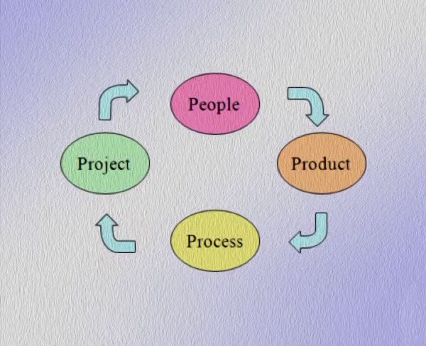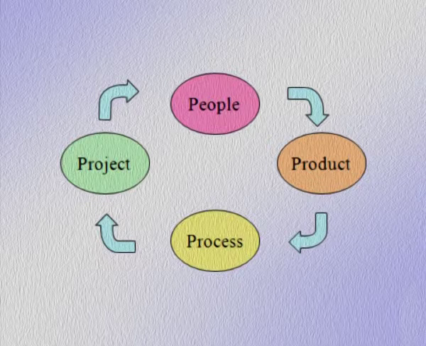All these 4 P's are interdependent together. That is why I show up this picture which shows that all the 4 P's are interdependent. That is, one is dependent on the other. Together all 4 P's make up a project management system.